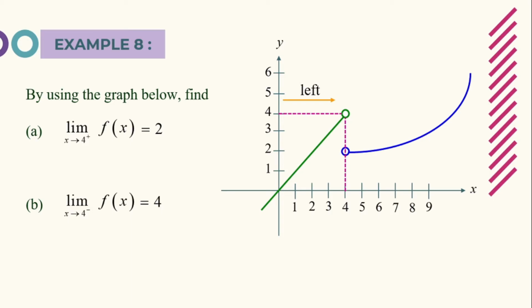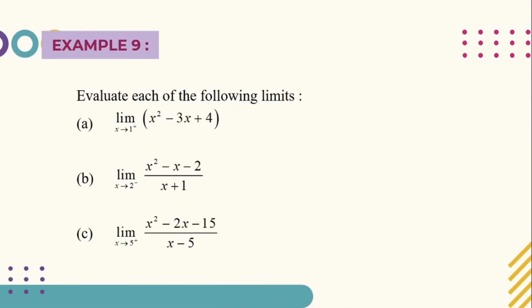So, hopefully you have understood what the right-hand limit and the left-hand limit are. And take note, the plus sign means it is from the right, and the minus or negative sign means it is from the left. Now we proceed to example number 9, which is the same as the example that we have learned before.